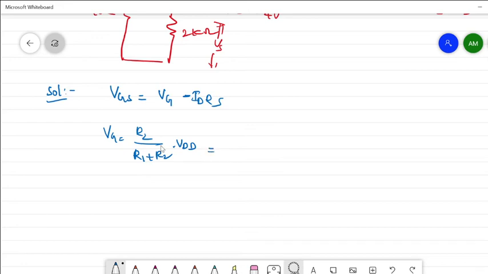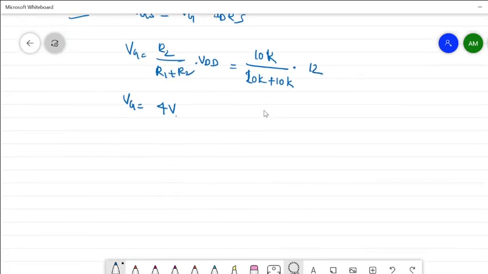Here R2 is 10K, R1 is 20K, and VDD is 12 volts. So finally VG is equal to 4 volts.